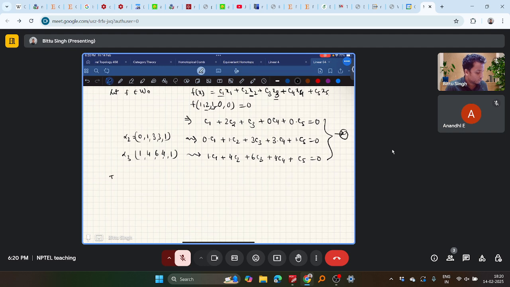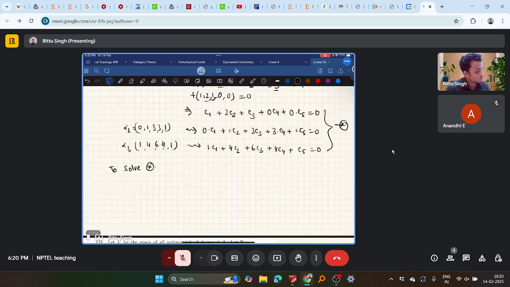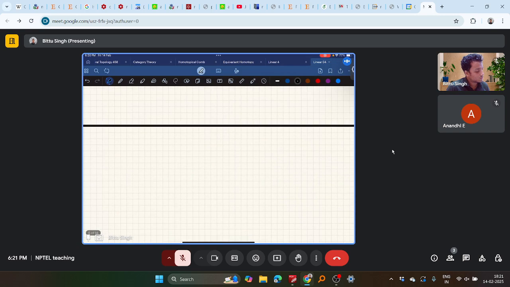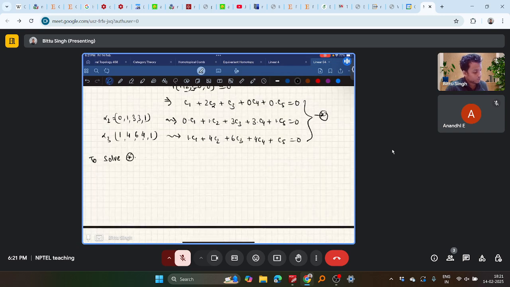To solve star, we know how to solve this kind of equation. It is just by row reduction. We put those in rows and we reduce. So 1 2 1 0 0, and after that 0 1 3 3 1. Similarly 1 4 6 4 1.